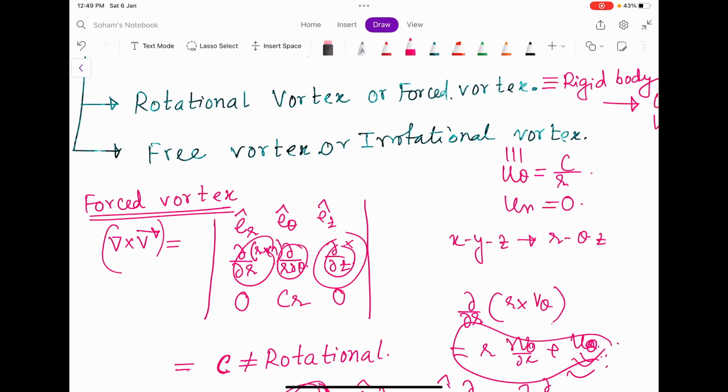There are also some other very beautiful features of forced vortex and irrotational vortex. Along with that, I will give you some practical examples, because in daily life we see the forced vortex and free vortex at least 3 or 4 times in a day.